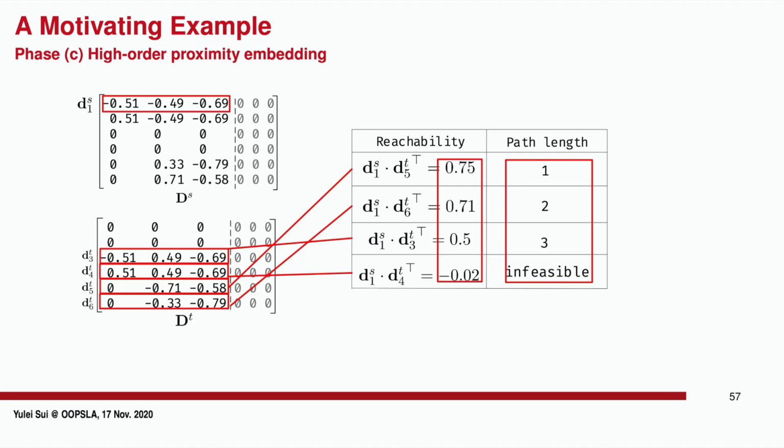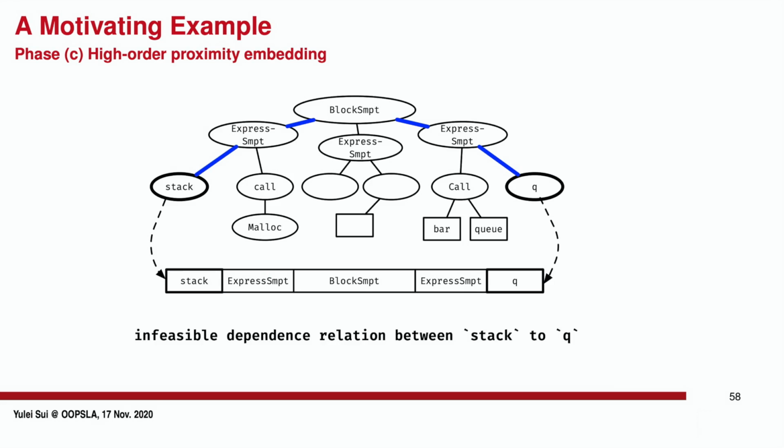The infeasible path from L1 to L4 is also identified with a negative value, which means Q never refers to the stack object. However, without context-sensitive analysis and asymmetric transitivity preservation, the AST-based approach will collect the path from the undirected tree structure, which will produce an infeasible dependence relation between stack and queue.